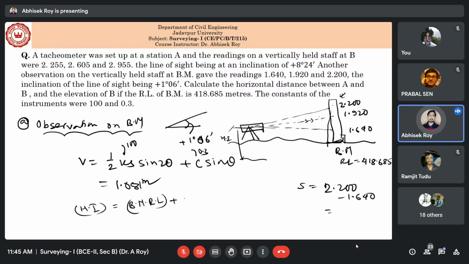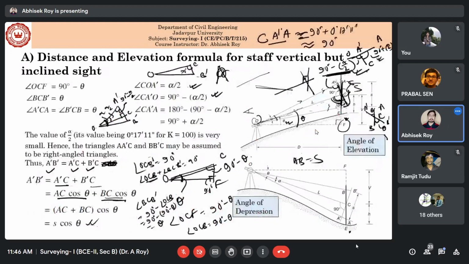So RL plus this reading, so this much you are getting, that means plus 1.920 and minus this V1. You will deduct this V. If you deduct your V, then you will get the height of the instrument.